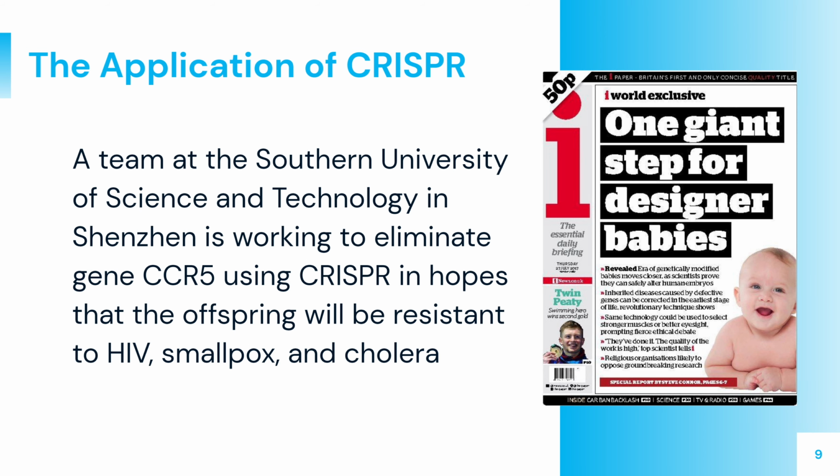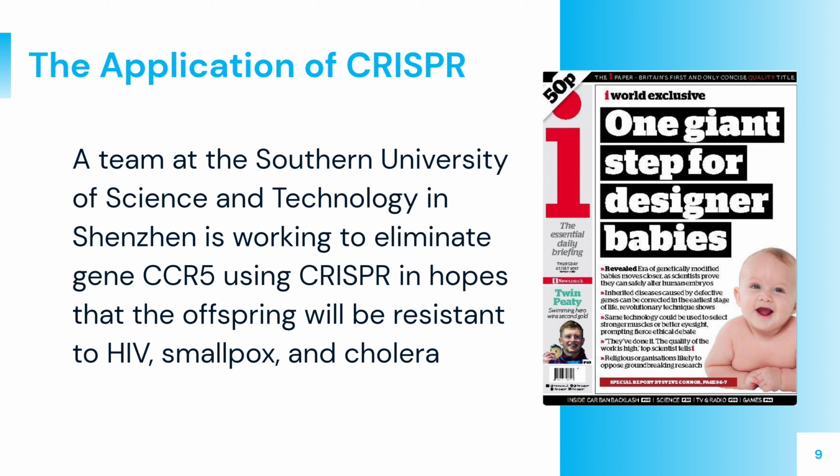So the application of CRISPR. The work, despite the ethics still being discussed, is actually being done right now in China. An example of this is a team at the Southern University of Science and Technology in Shenzhen, excuse my pronunciation, working to eliminate the gene CCR5 using CRISPR in hopes that the offspring will be resistant to HIV, smallpox, and cholera.